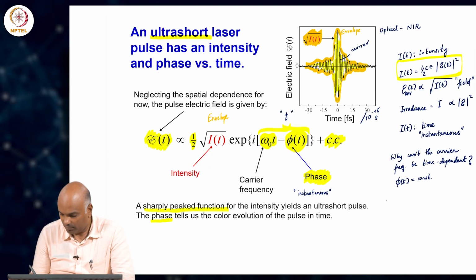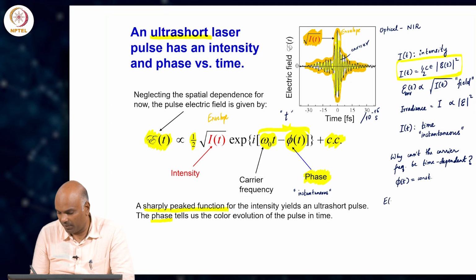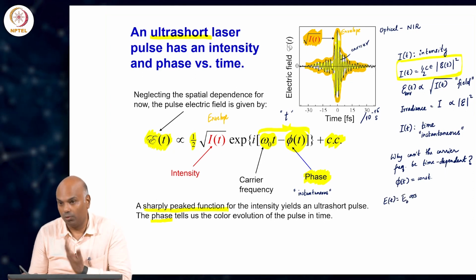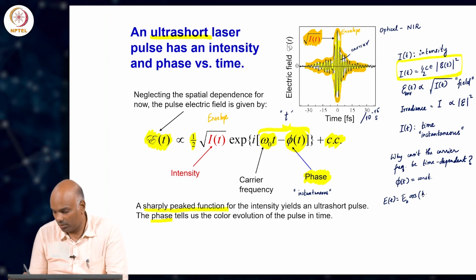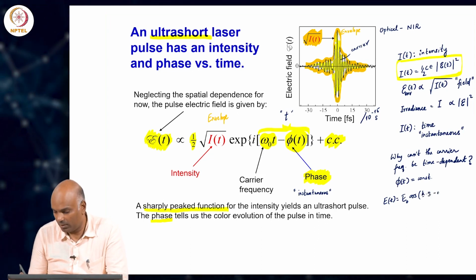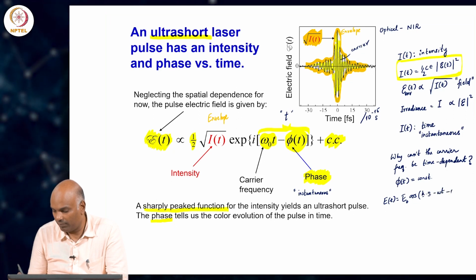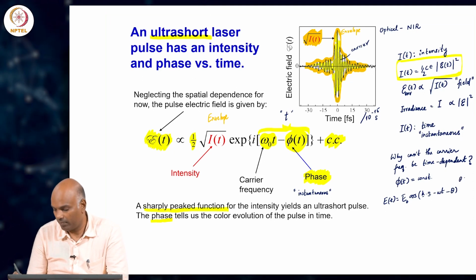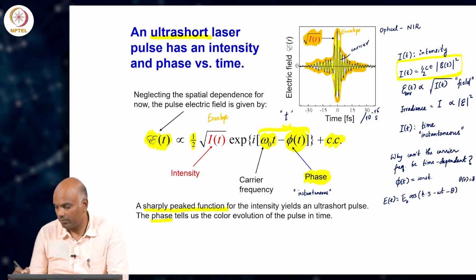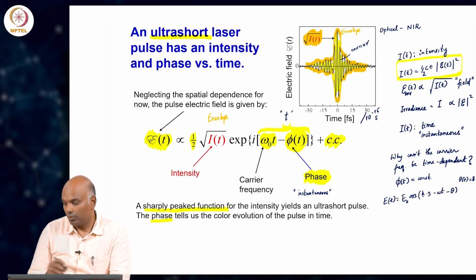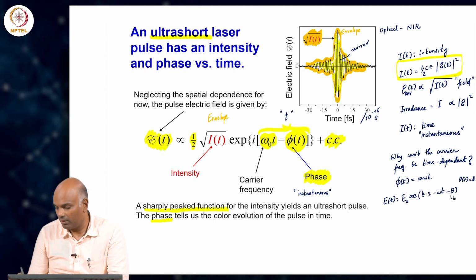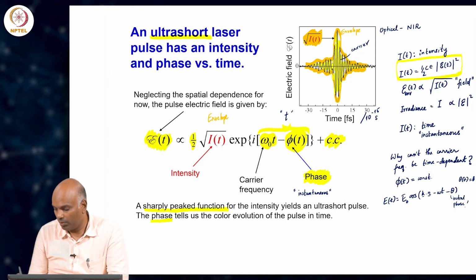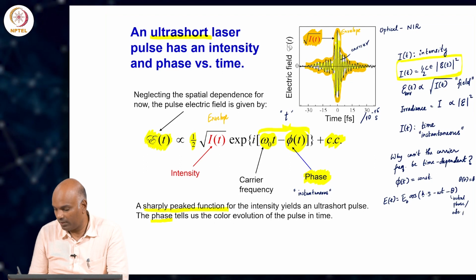Yes, Amna. So, earlier elsewhere we may have written the electric field as E naught, say we used cosine here, k dot r minus omega t, and there I think we used theta to be independent of time. So, theta was the initial phase, we also gave it the name the absolute phase, remember.